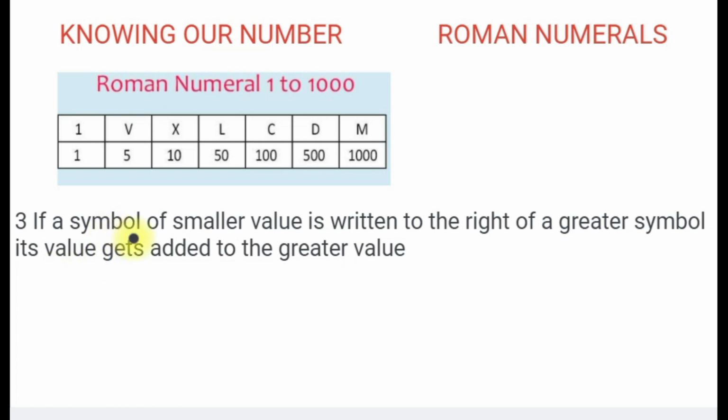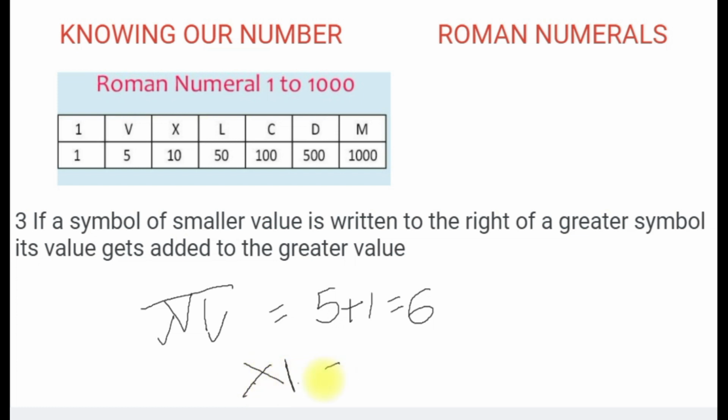If a symbol of smaller value is written to the right of a greater symbol, its value gets added to the greater value. What does it mean? If we write V, I, this is 5, this is 1. We just add this 1 to this 5 and we get 6, right? If we write X, I, 10 plus 1, it will become 11.